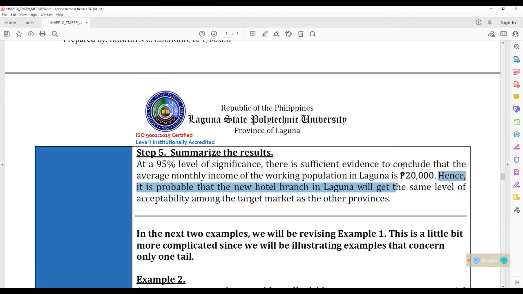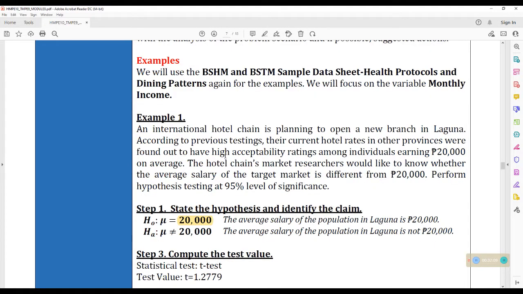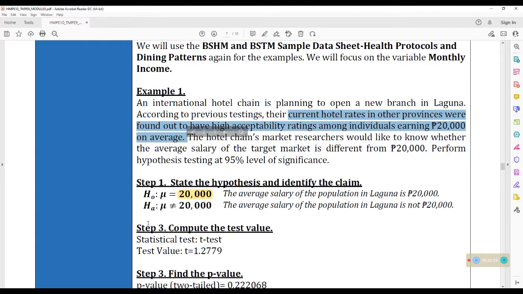I-recall natin yung problem ha. Di ba ang problem natin? Acceptable daw ang current hotel rates nila among individuals earning 20,000 on average. Ang nakita natin, on average, totoo to, the average salary of the population in Laguna is 20,000.